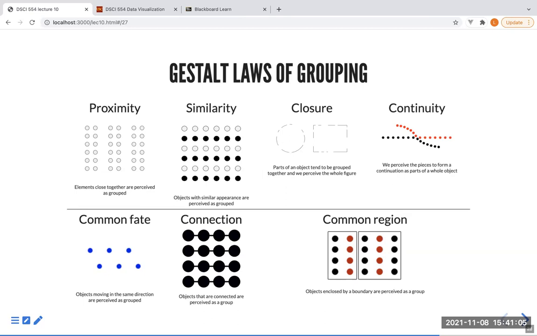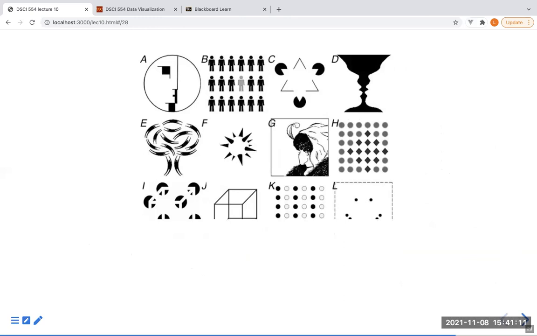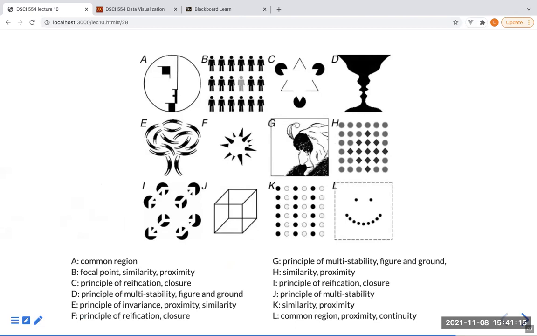So these laws you can mix and match. This is just an example of mixing and matching simple grouping laws for you to wrap your head around.